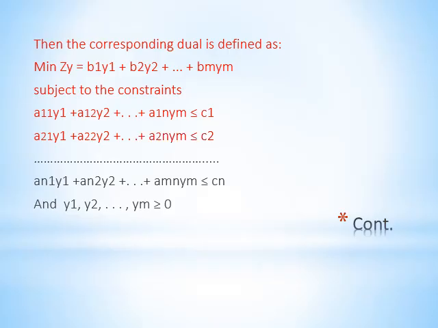So the first column of the primal is converted into the first constraint of the dual, and the second column of the primal should be the second row of the dual.